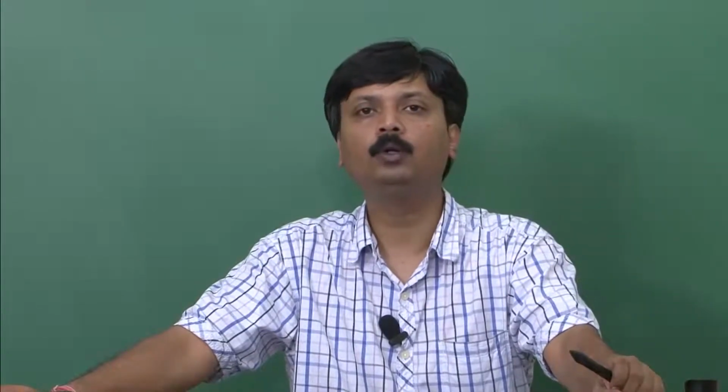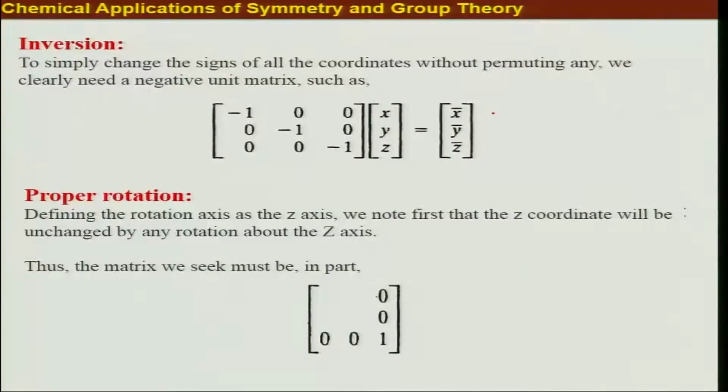What does that mean? That x will become minus x, y will become minus y, z will become minus z. So, you get from the x, y, z column vector to the minus x, minus y, minus z column vector. Okay. So, here minus x, minus y, minus z are represented by writing x bar, y bar and z bar, that we have come across in one of the previous lectures.